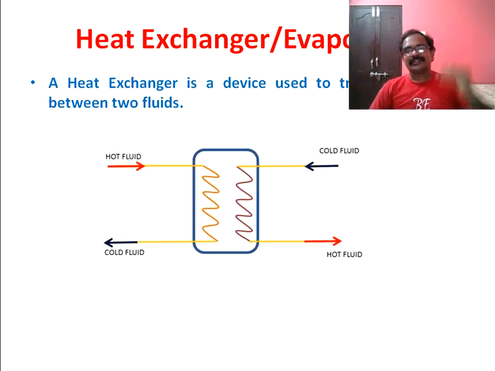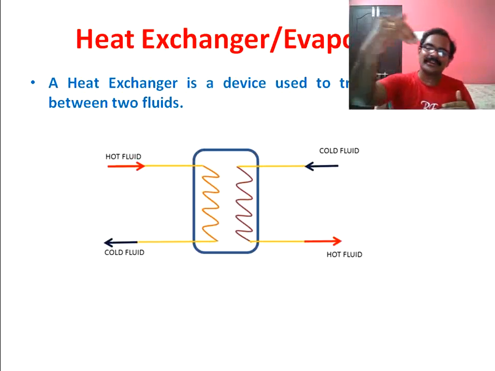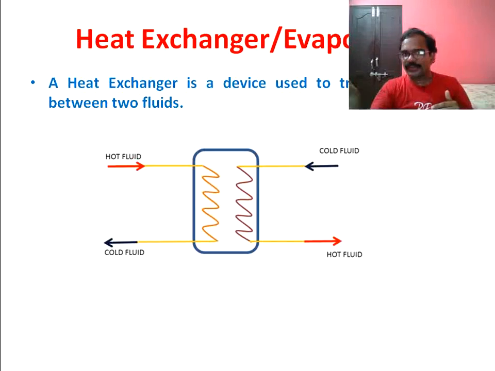Now what happens? This hot fluid will transfer heat to the cold fluid, because heat always moves from high temperature to low temperature. The heat from the hot fluid will be transferred to the cold fluid, and the cold fluid which is entering from the right side will become hot by taking the heat of the hot fluid, whereas the hot fluid will become cold fluid, because it is giving away the heat to the cold fluid.